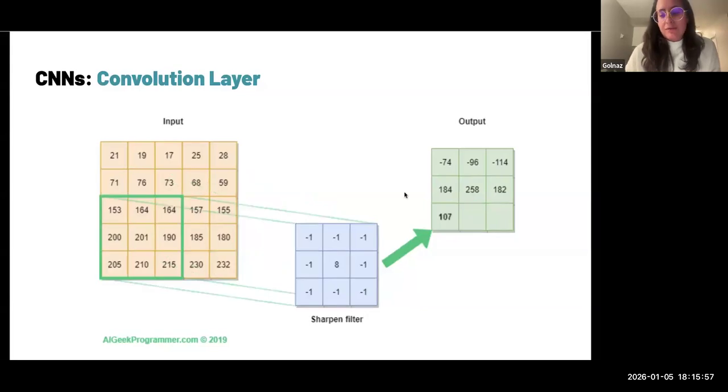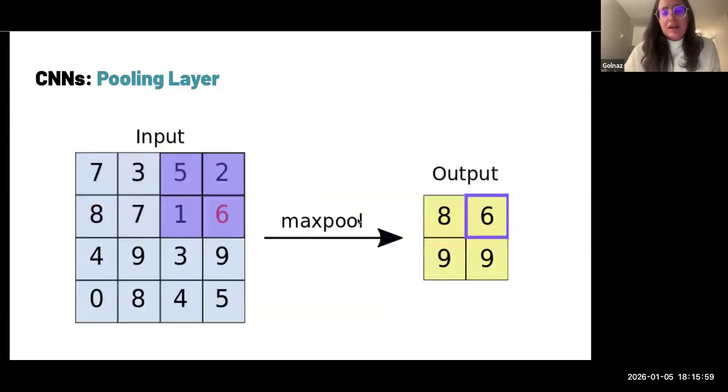Once you have your output, what you want at the end is not a matrix, but a number as the output of your model. So you need to downsize what you have, because, for example, the output of your network is a 0 or 1, which would be the yes or no of whether the image means the person has cancer or not.